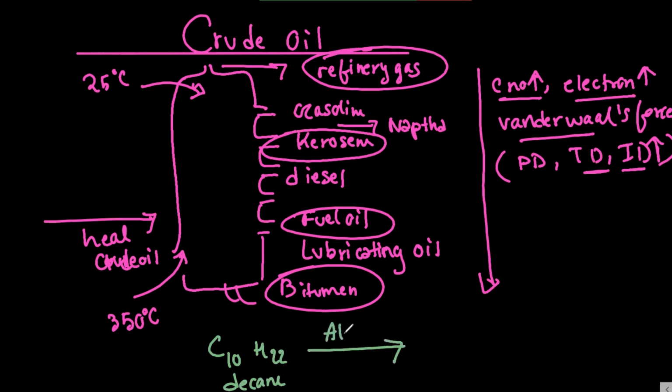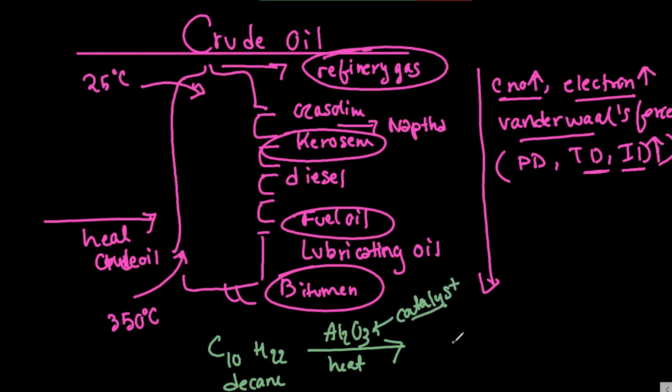How could you crack it? You can use aluminum oxide as a catalyst, and you provide a little bit of heat. The aluminum oxide acts as a catalyst to decrease the activation energy and speed up the reaction without being used up.